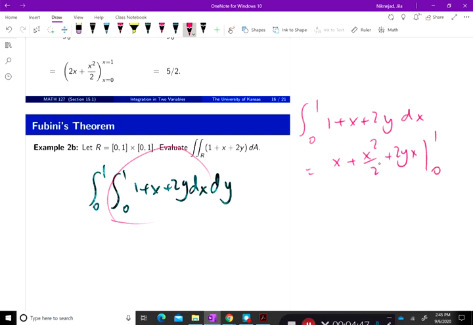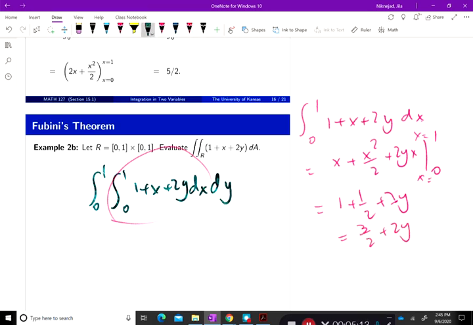Here it's x equal to 1, which gives me 1 plus 1/2 plus 2y. Again, the other variable went away, and minus 0, since all of them are 0 in this case. So we have 3/2 plus 2y.